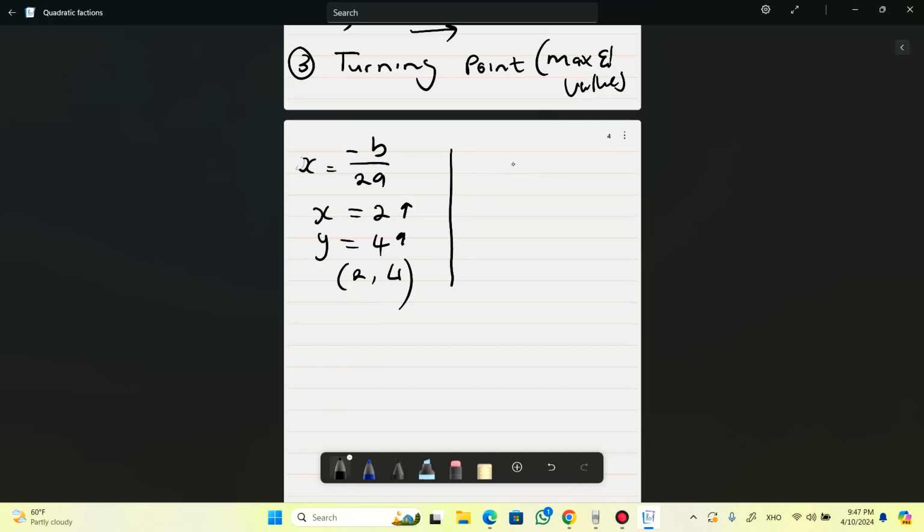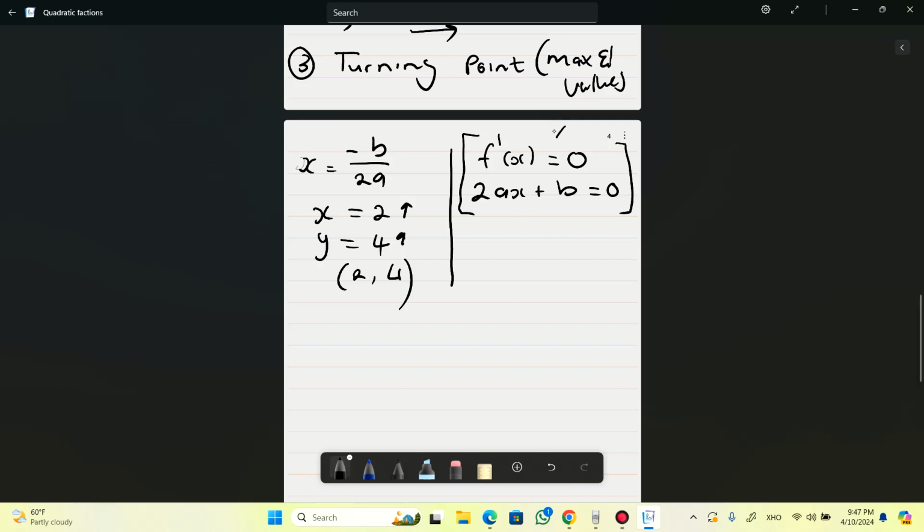And then another way of finding the x value of the turning point is to derive, right? Where you're gonna say, well, f prime x is equal to 0, right? And then you'll have 2ax plus b, which is equal to 0. So if you haven't done derivative, you can write this equation here down in the notes.